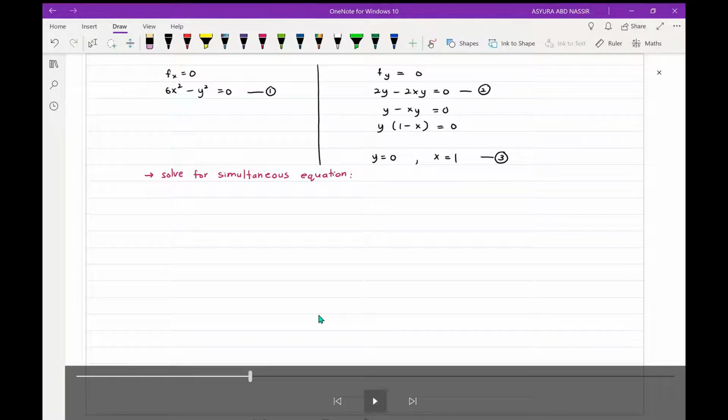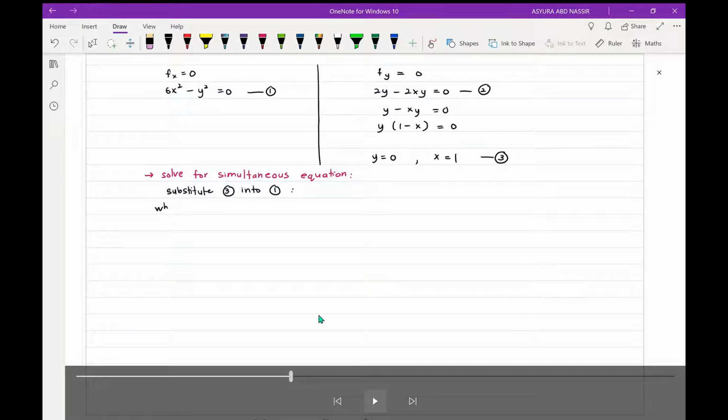So, you will substitute your third equation into the first equation. Since you have two values from your third equation, you have to substitute both values. Firstly, substitute y equals to 0. Secondly, substitute x equals to 1.